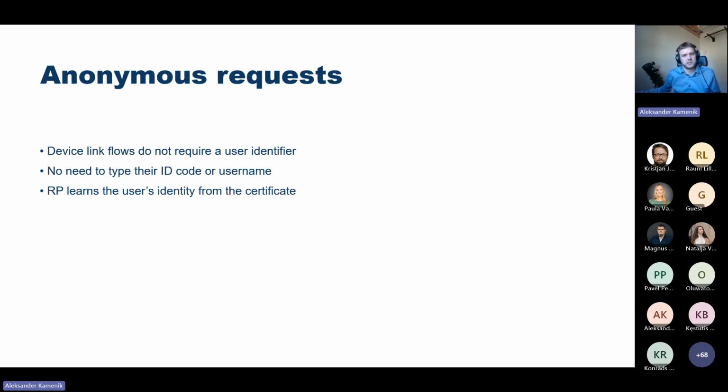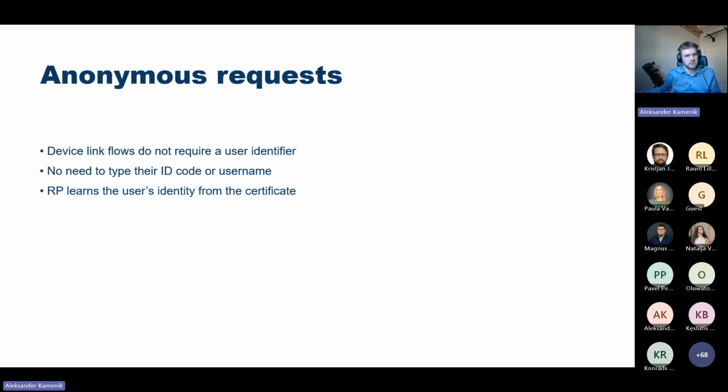However, now with device links, where that link between your RP website or your RP app and the SmartID app is made locally via a device link, we don't strictly need that. So instead, you can do anonymous requests. The user is not asked to do anything.